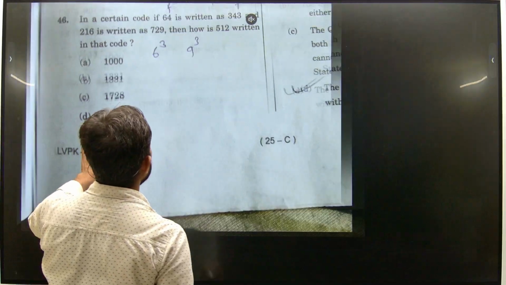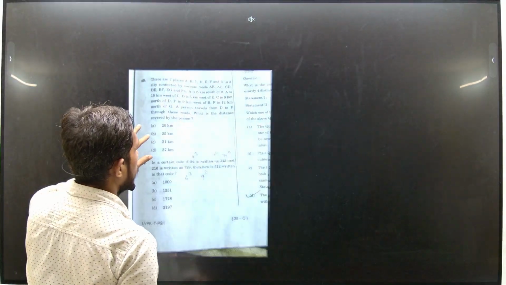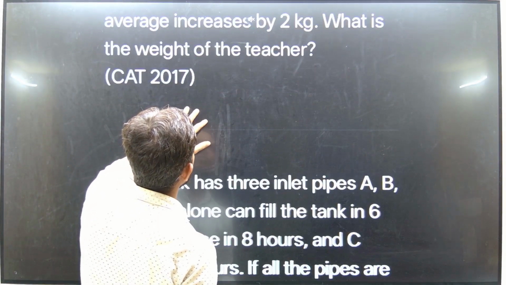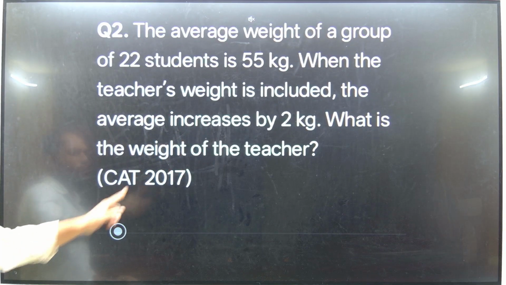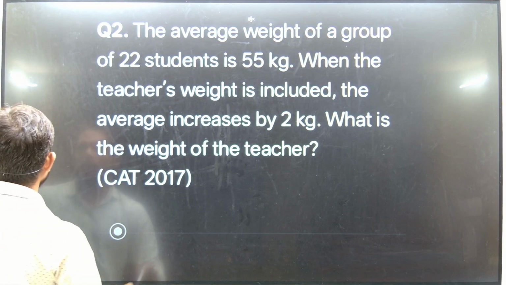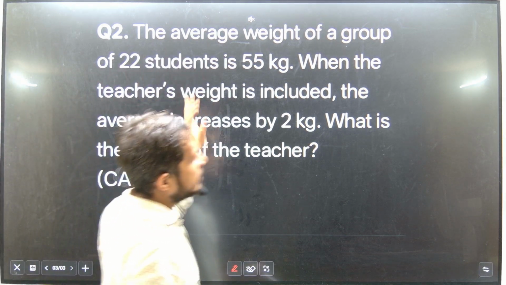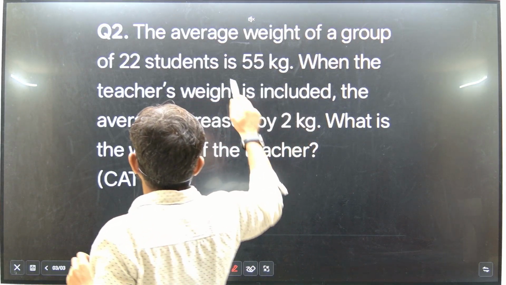This is a previous year question of CAT 2017. Be attentive, this is a quant question from the chapter average.